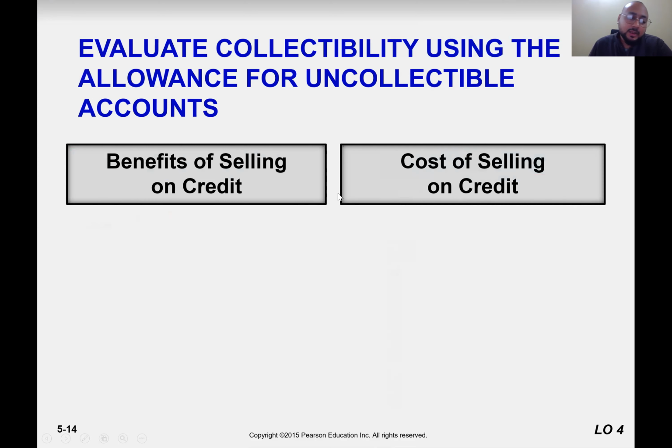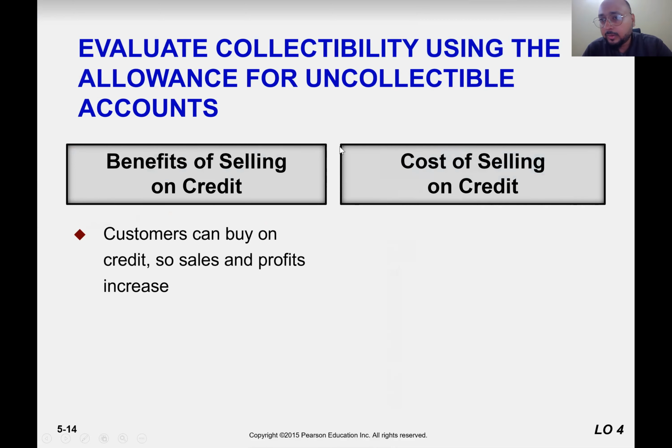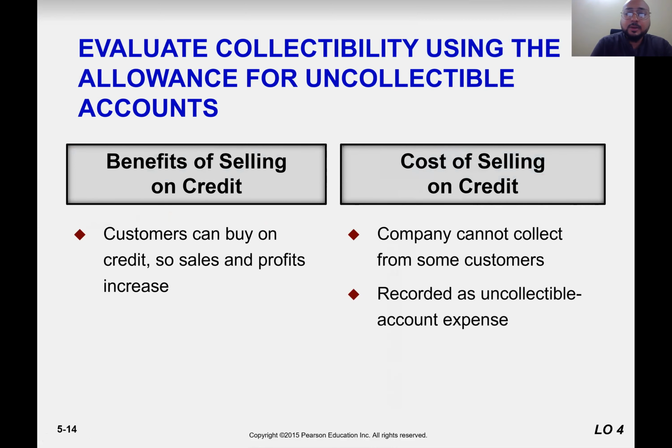Some question may ask why we allow credit. So we do have some benefits of allowing credit. Number one, customers can buy on credit, so sales and profit can increase. In the 21st century, it's almost impossible for any big business not to sell on credit, because a company wants to expand locally and internationally.